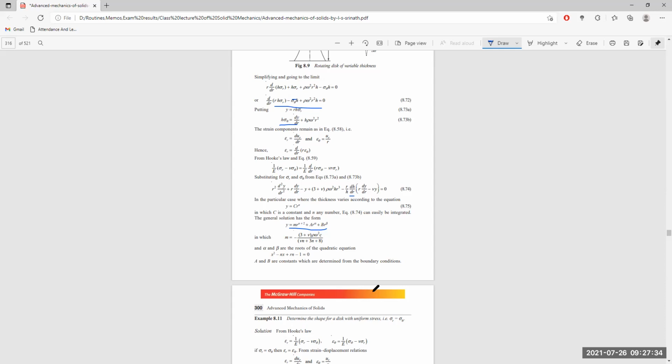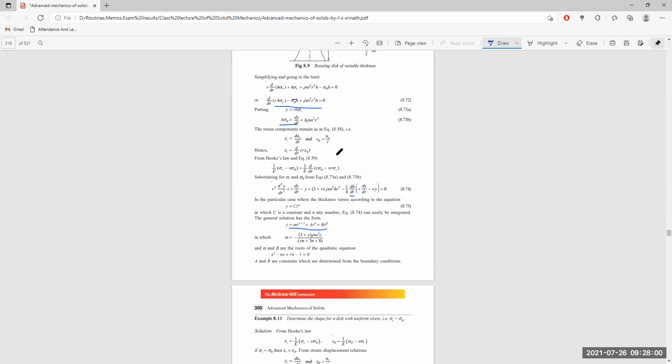From there, we follow our equation of equilibrium and solve this, put an additional element equal to y and reduce the equation to a certain state. Next, we are converting what will be the strain in the radial direction and what is the strain along the diametral direction or tangential direction.